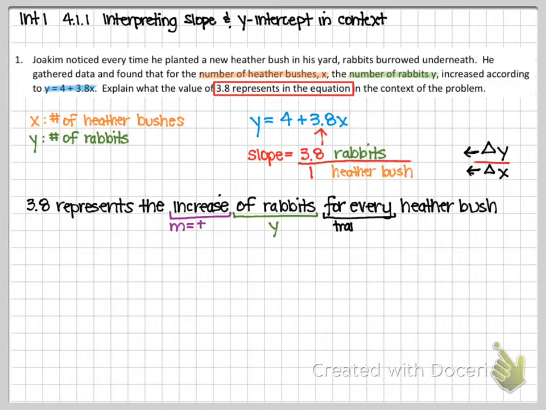This gets me from the top of my fraction to the bottom. For every heather bush. Well, heather bush is the x. So what I did was I wrote out my fraction. I know that the y goes on top and the x goes on the bottom. And then I used that fraction to write out my sentence explanation for my slope.